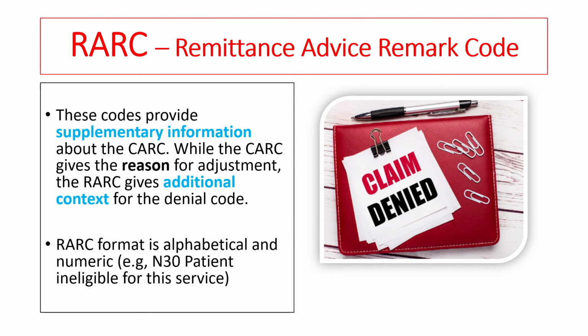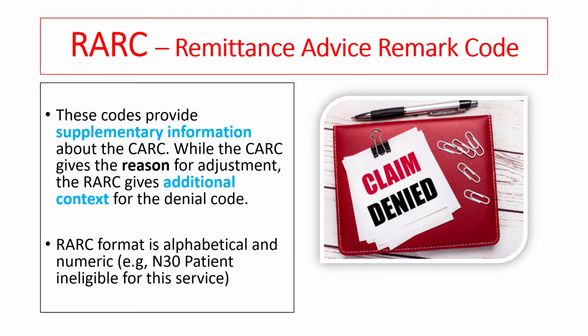That remark code tells additional or supplementary information, the potential cause, exactly why it was denied. That information is given by the RARC code, known as the remittance advice remark code.